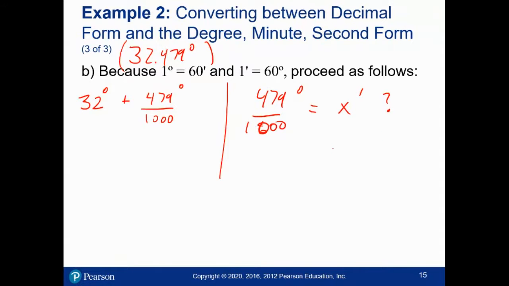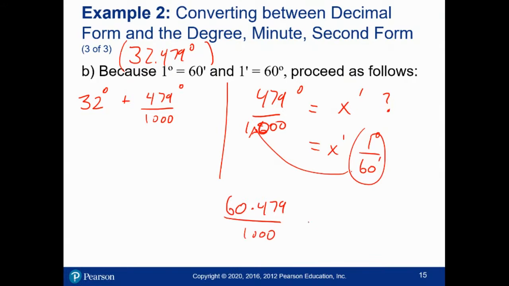Okay. Now what I know about minutes is that there is 1 degree per 60 minutes. So if I just multiply both sides by 60, what we end up with is 60 times 479 over 1,000 is how many minutes we have.